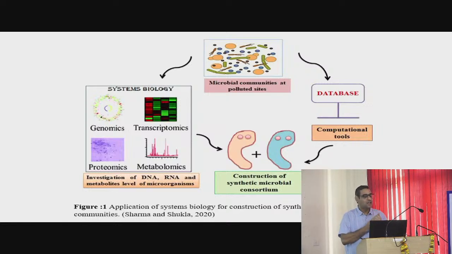When you develop this type of strategy for your own research, it is not only for bioremediation, you can also see other aspects, like plastic degradation, oil spills, and polluted site remediation, so this is very important. So this is a snapshot where you use the tools of systems biology and try to develop synthetic microbial consortia which will give you a better effect for environmental applications.